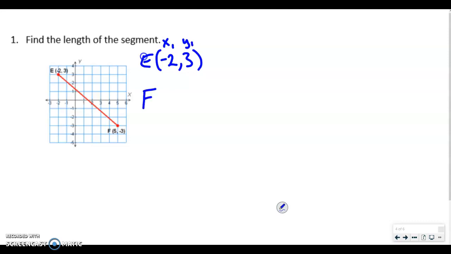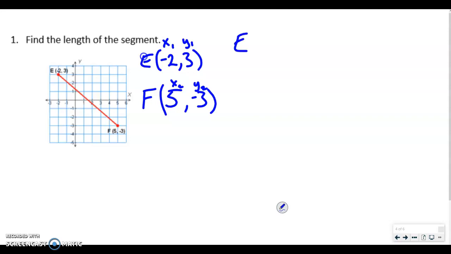And then F, point at 5, -3. So we can call that x2 and y2. And then we just need to plug those numbers into our distance formula and solve for the distance between E and F.